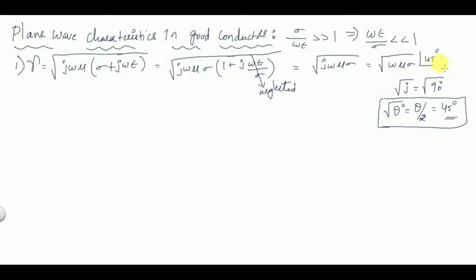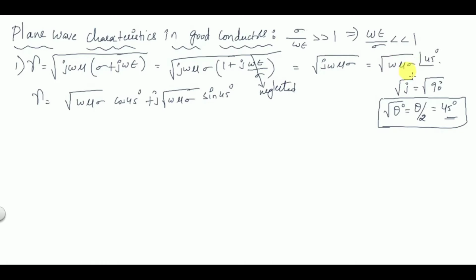This is in polar form. If you write it in Cartesian form, that is x plus jy, it will be root of omega mu sigma cos 45 plus j into root of omega mu sigma into sin 45.